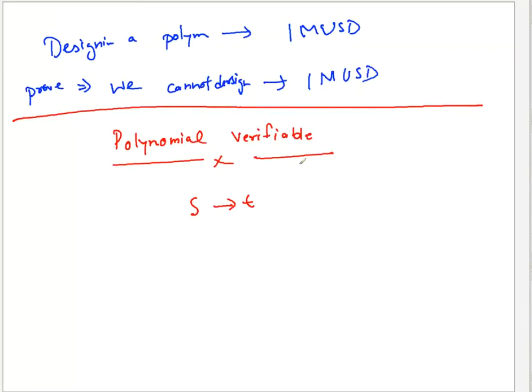Is it clear or not? Because if you give me a path from S to T and you claim that it is a Hamiltonian path, what do I have to check? Now my problem is not that difficult. If you claim that it is a Hamiltonian path, the checks that I have to apply are the following.